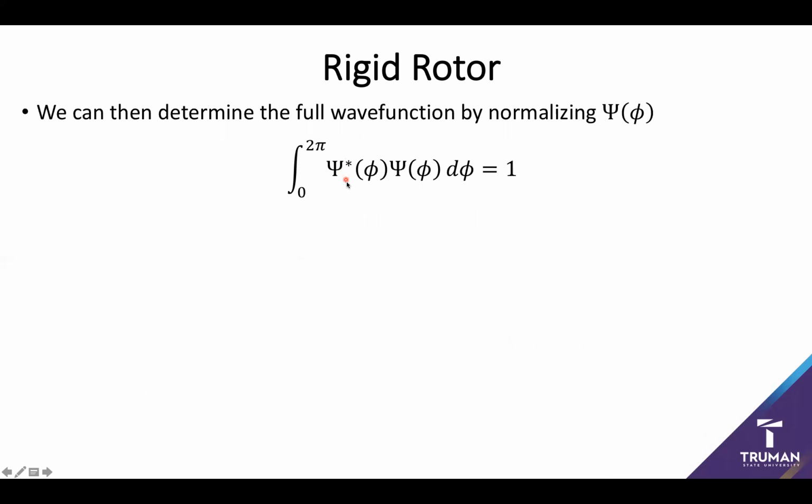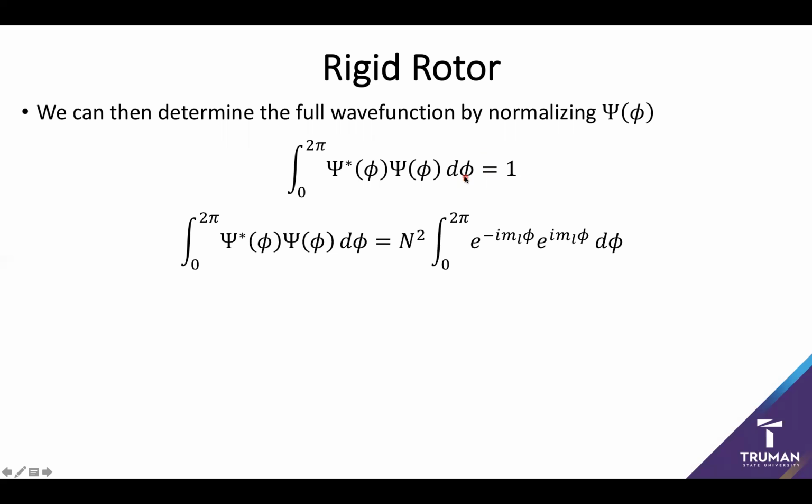So again, normalization can be given by integrating the system over all space. Well, all space for a cylinder is 0 to 2 pi. Those are the only values for phi before we essentially repeat ourselves.